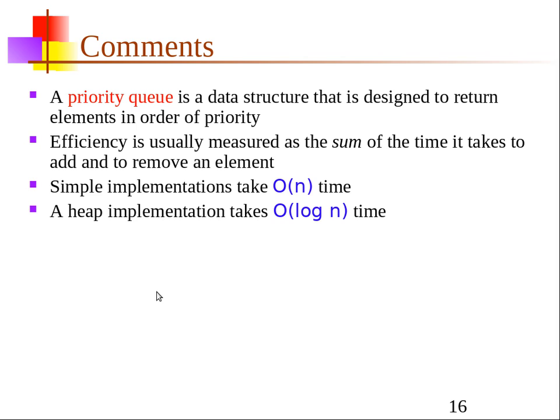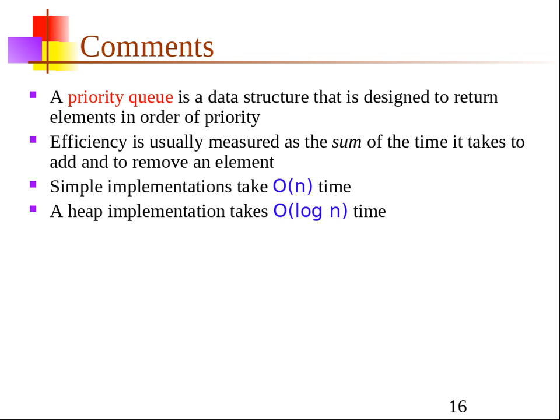Okay, so some comments. Priority queue is a data structure designed to return orders based on priority. I told you a couple of real life examples, but this is used a lot inside of, what was it? Scheduling, when you're trying to decide which process to run next, or how many time slices a process should get on your system. Efficiency is usually measured as the sum of the time it takes to add and remove.